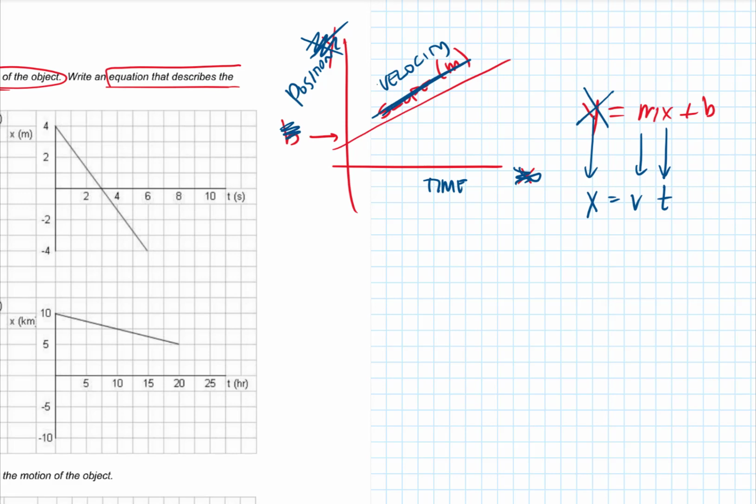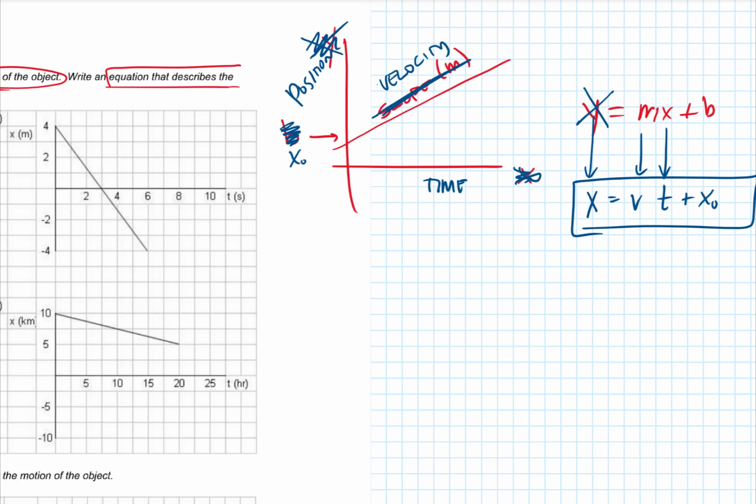And instead of calling our y-intercept b, since that's the position graph, that's going to be our initial position. So with this little equation, we can do all the same things that we did with y equals mx plus b. We're just going to call everything by the proper name.